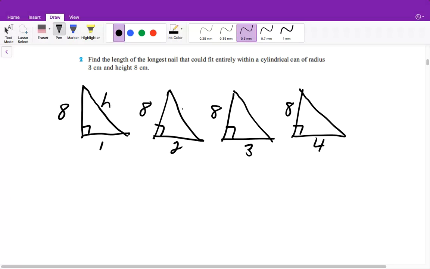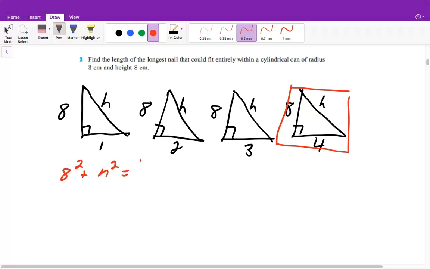Which one would our hypotenuse be the greatest for? And as some of you were quickly able to point out, the hypotenuse would have to be greatest for this one here, since all of them will be 8 squared plus some number squared is equal to our hypotenuse squared. And since 4 squared is greater than 3, 2, or 1, we know that this one would have the longest hypotenuse. All right, so we're going to use that while answering this question.